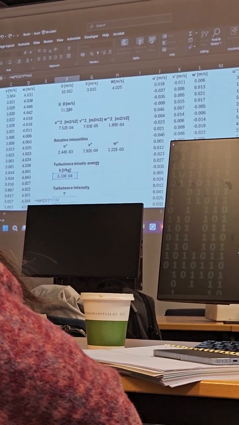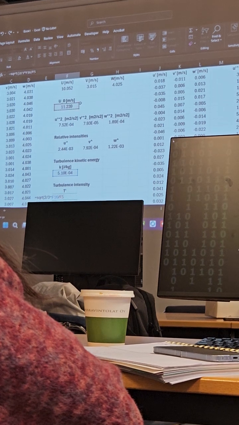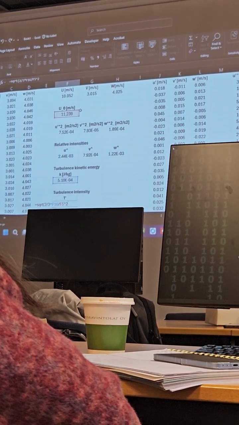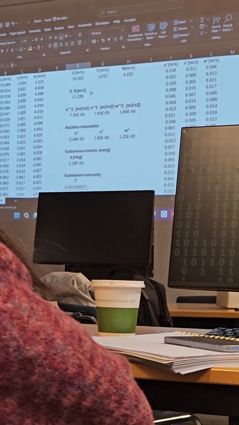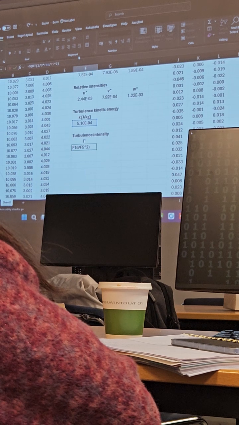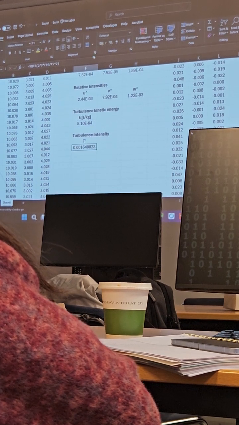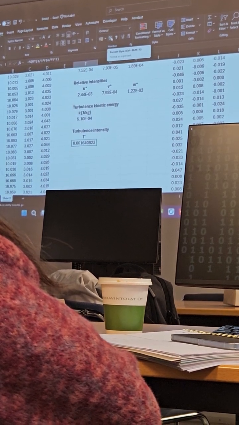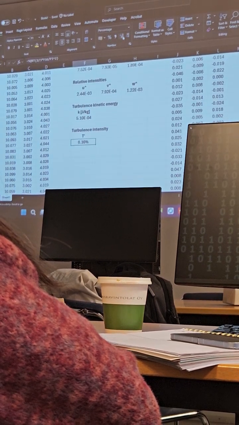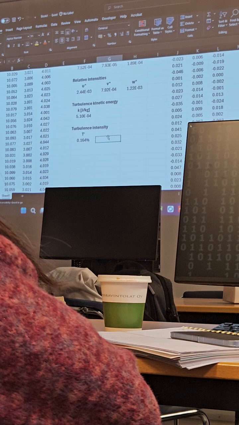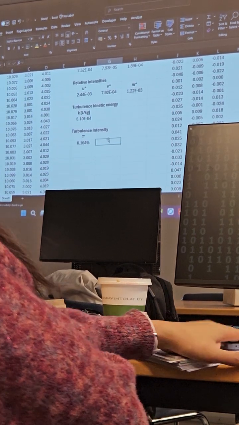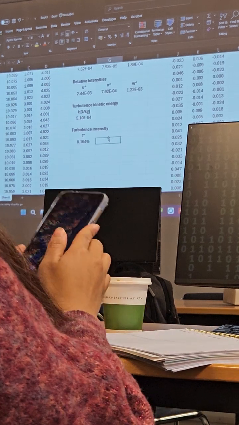So free stream velocity, we have it here, and we make that to the power of 2, and so we get this value over here, which we can multiply by 100, or we can just see the percentage over here. So that we get a turbulence intensity of 0.164%.